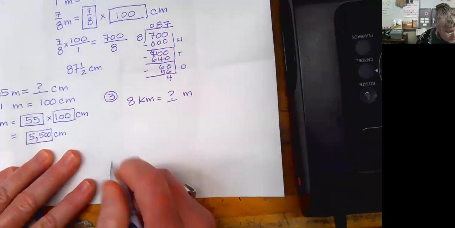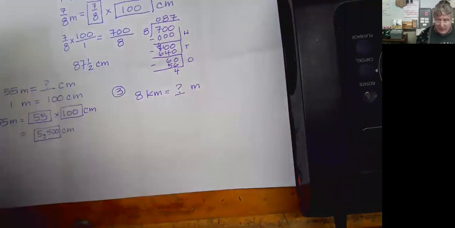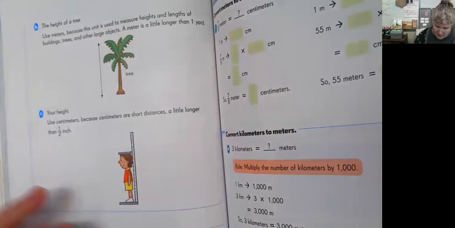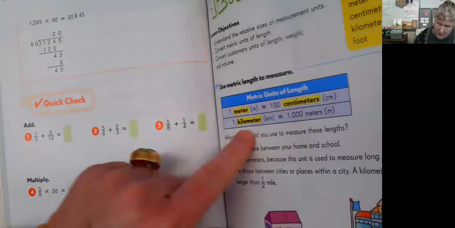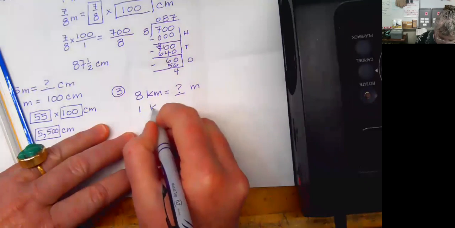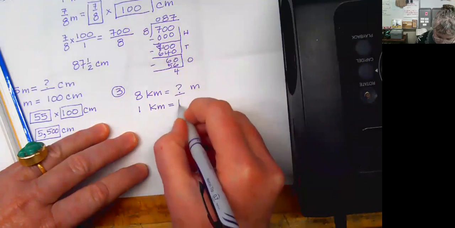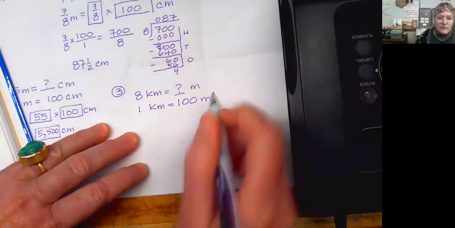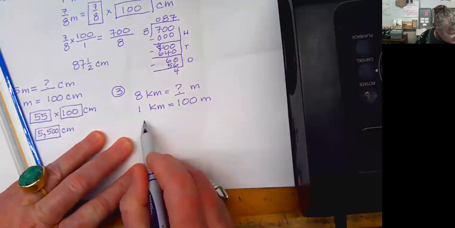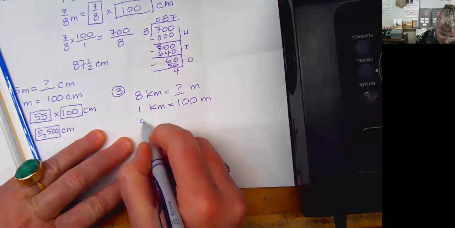So I'm going over here back over to my blue chart, and my blue chart tells me 1 kilometer equals 1,000 meters. So I'm going to say 1 kilometer equals 1,000 meters. So this is going to be the same as 8 kilometers.